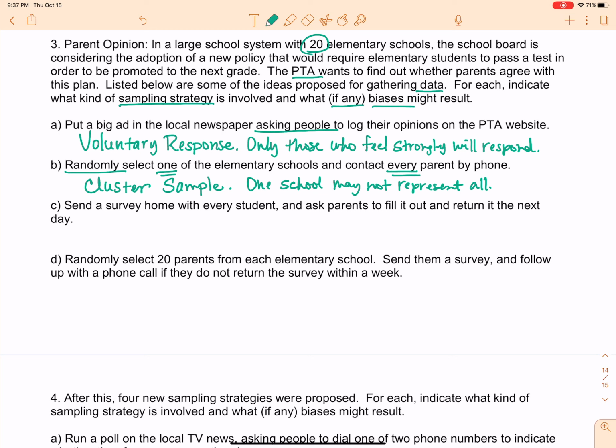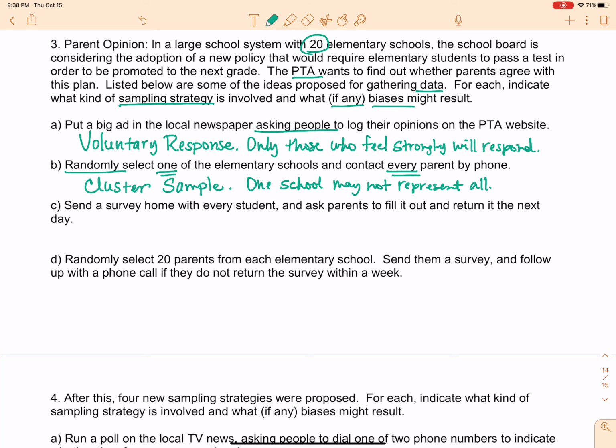And again, just like on part A, we didn't really have a sampling method per se, but we could identify a bias response that might occur. On part B, it's clear that we're using a cluster sample, but it's not really clear exactly which definable type of bias we might have. We just know that one school might not represent everyone.